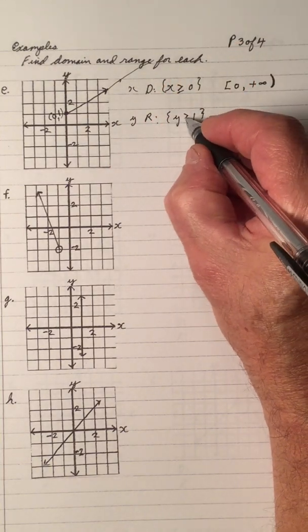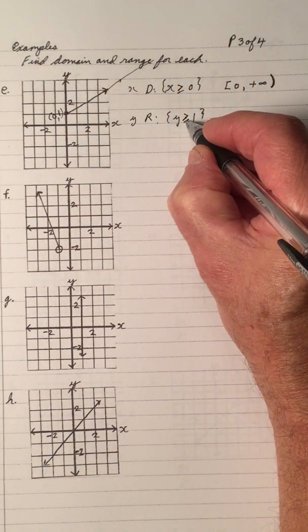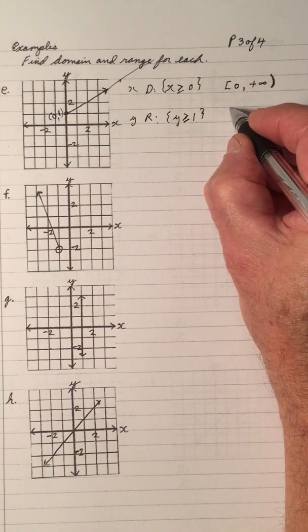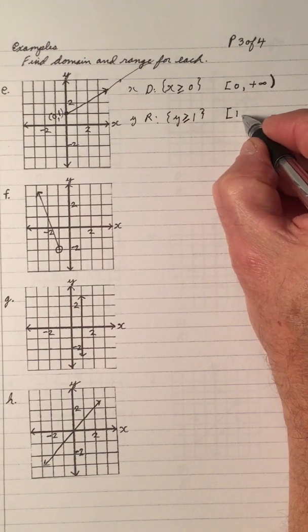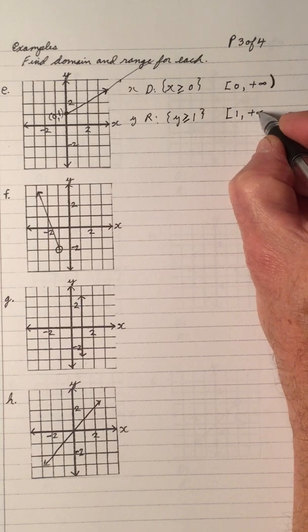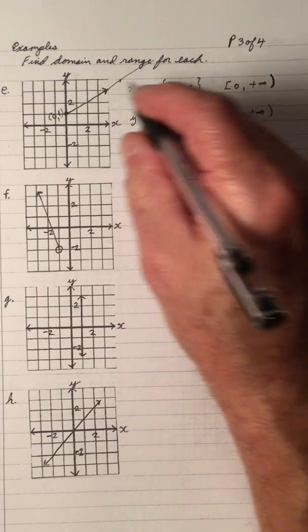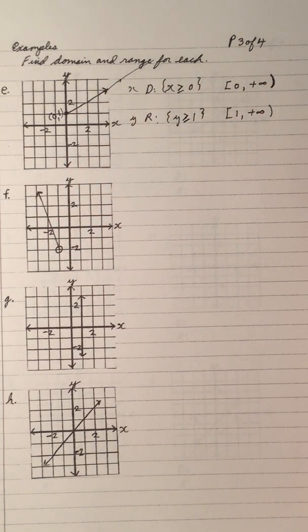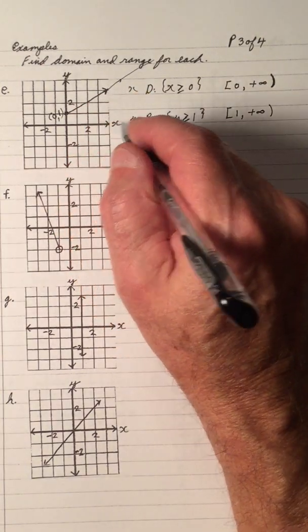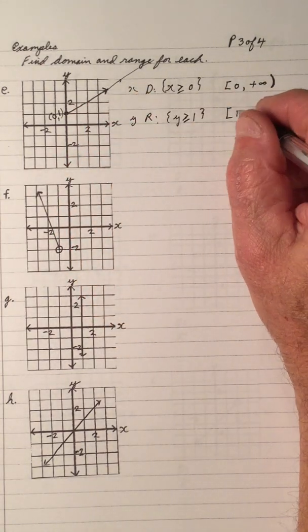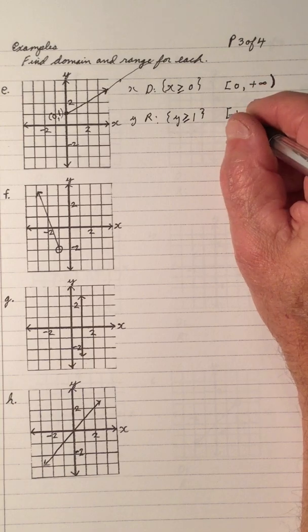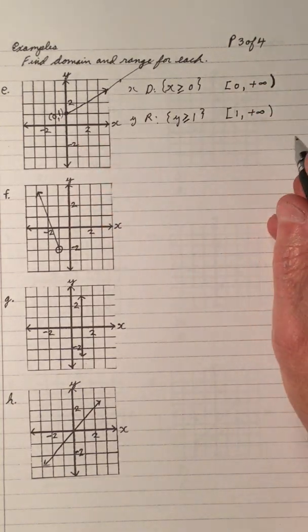The y's are greater than or equal to, so it's a bracket. It starts at 1 and goes to positive infinity, because the y goes up and up and up forever, and the x's go to the right forever. So positive infinity. And it's a square bracket because this point is solid.